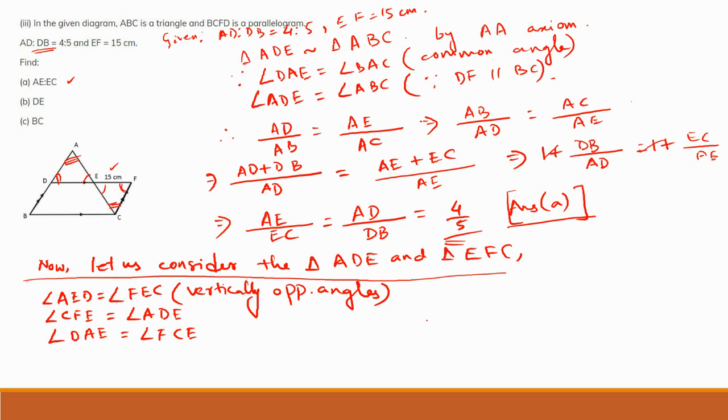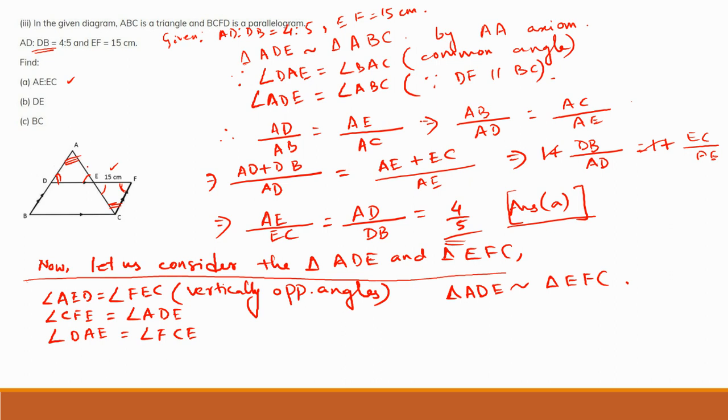So these two or three help us to claim that triangle ADE is similar to triangle EFC, right? If they are similar, again the sides will be in proportion, right?